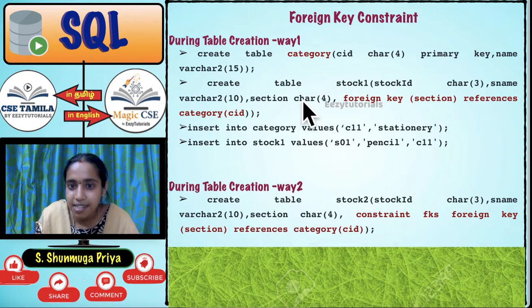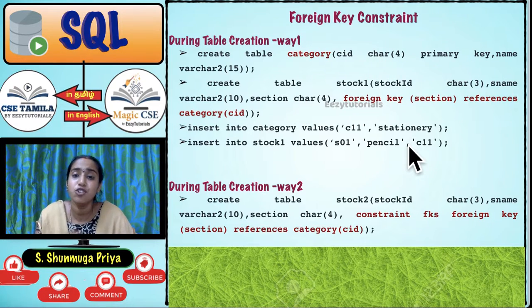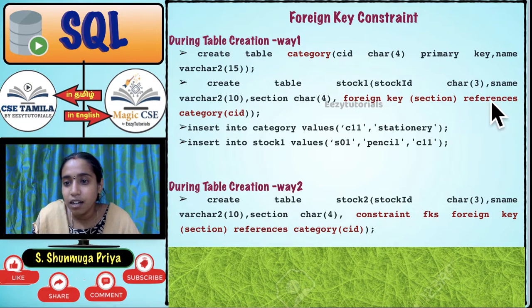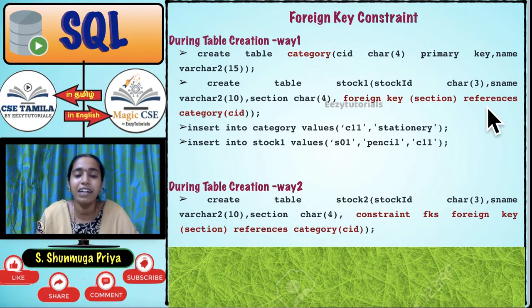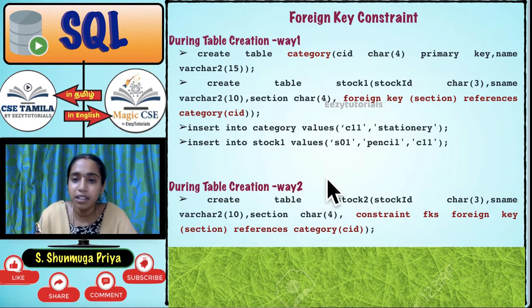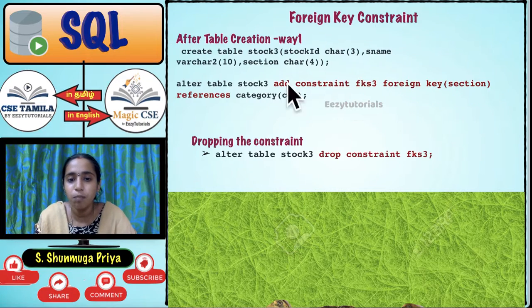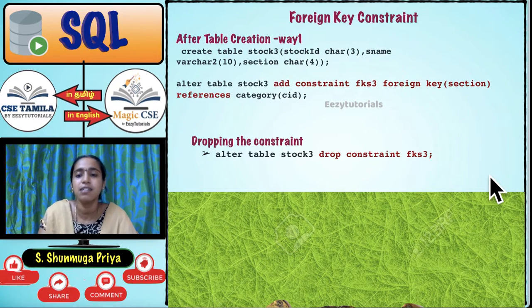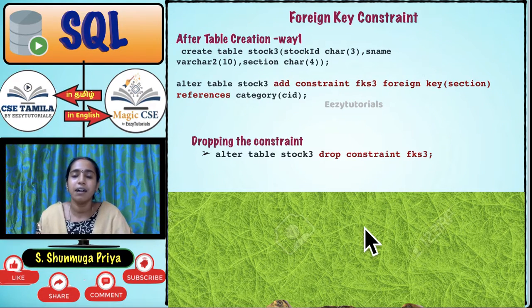But if this is character and this is an integer, or this is varchar, some other different data types, surely you'll get errors. Then make space between foreign and key. Take care of the spellings of foreign, references. Don't leave any typo mistakes. So if you follow these methods, out of the 3, with any method you can create the foreign key constraint and you can drop the foreign key constraint at any instance with the help of this alter command.